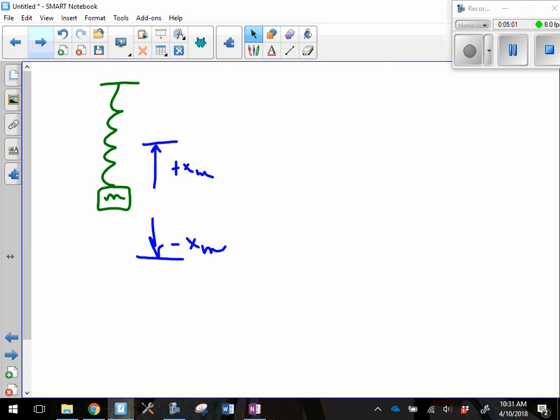So when I write the equation for the position of my object, of my oscillator, I know that I have to have an xm in there because it has to be between plus or minus xm, right? Okay. And xm is this maximum displacement from 0.